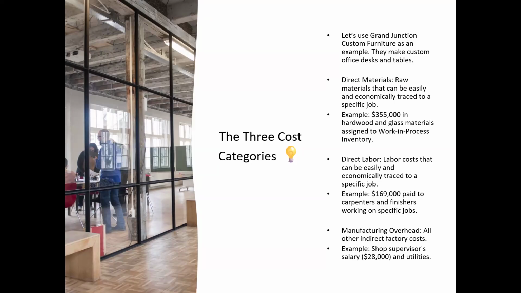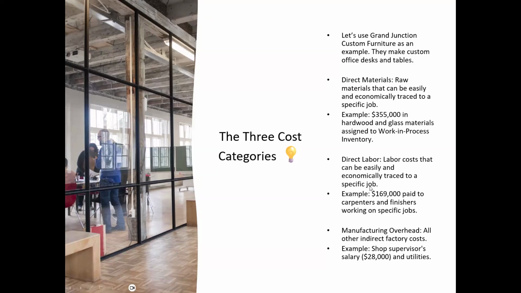The total labor cost is $169,000 that was spent in the period. And then the manufacturing overhead cost, which also includes the supervisor's cost, plus the utility costs such as electricity, the depreciation of the production plant, all of that equal to $28,000.